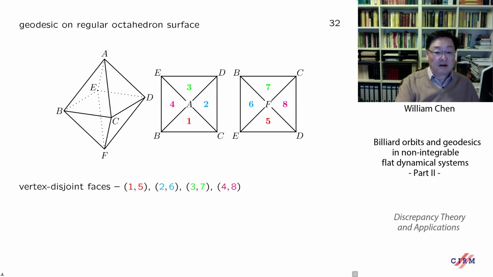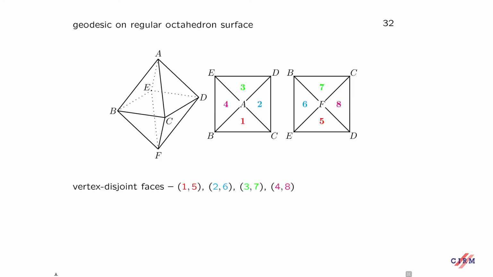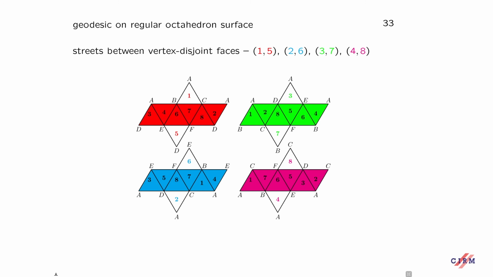Now, this surface has 4 pairs of vertex disjoint faces that I've labeled 1, 5, 2, 6, 3, 7, and 4, 8. And between any pair, we can actually work out a street.